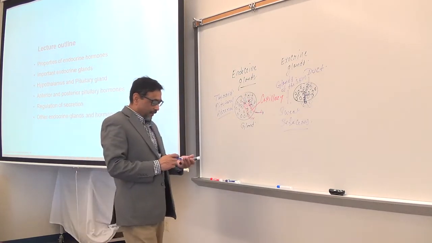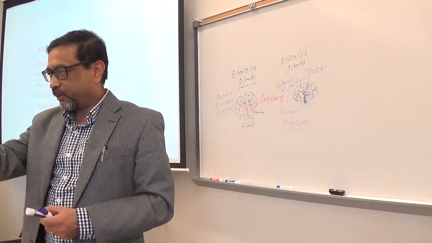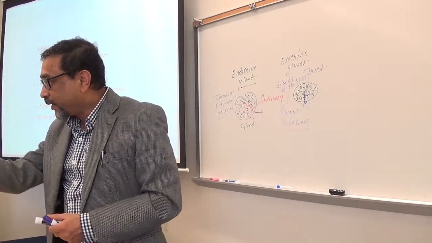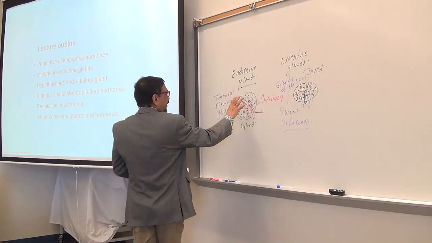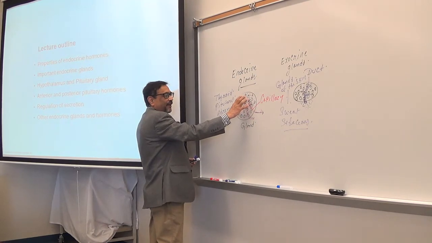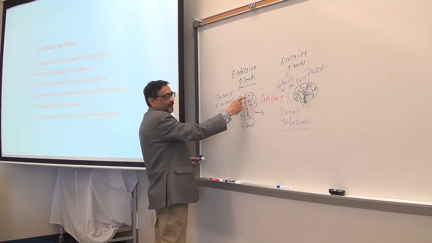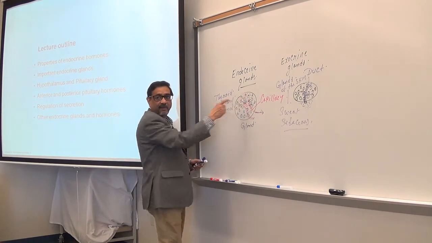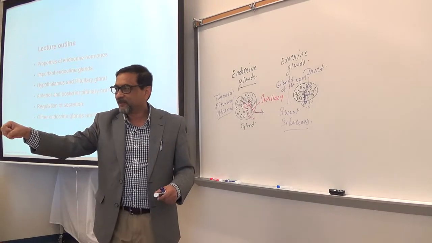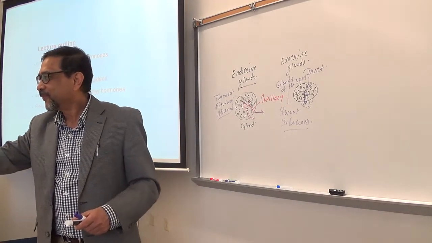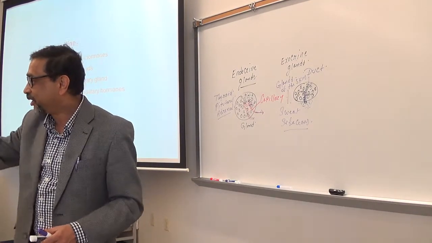Okay. Now, if I ask you in your exam to write down a few differences between endocrine and exocrine glands. First thing you will say is that in case of endocrine, hormone molecules are first secreted into where? Between the cells. Interstitial space, interstitial fluid, right?